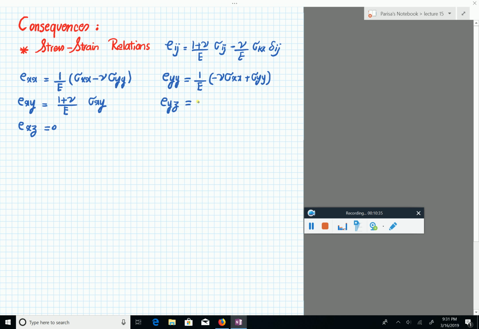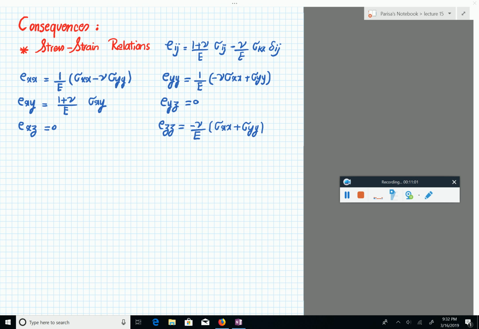Eyz is equal to 0, and Ezz is equal to minus nu over E sigma xx plus sigma yy, and it's not too hard to show that basically we can write it as minus nu over 1 minus nu Exx plus Eyy.